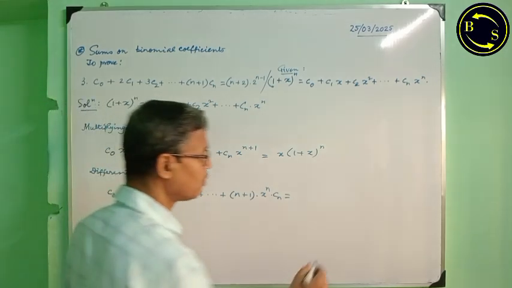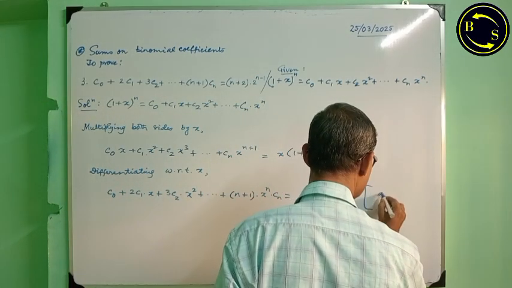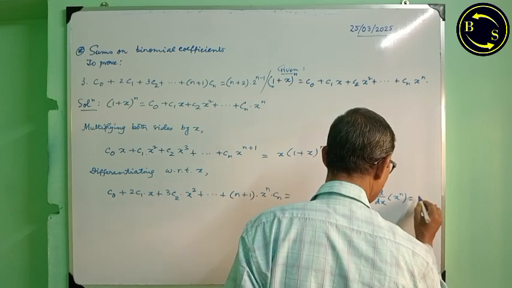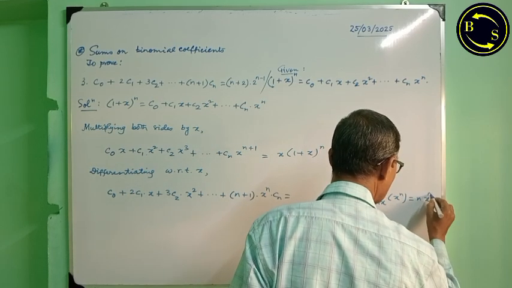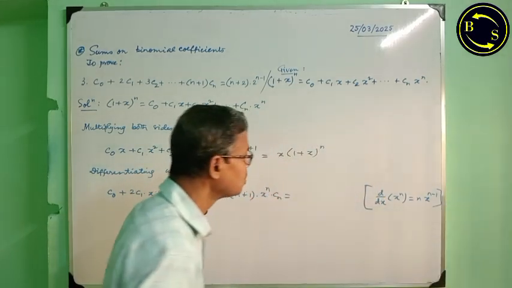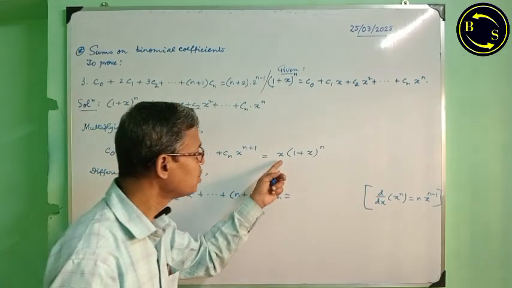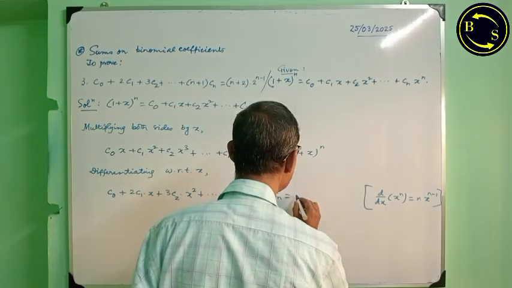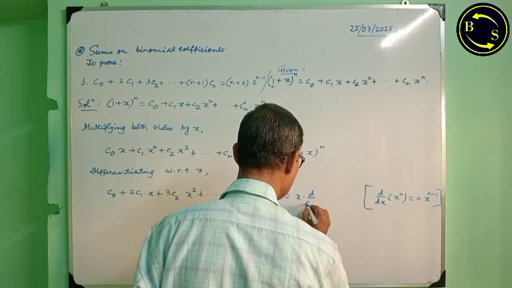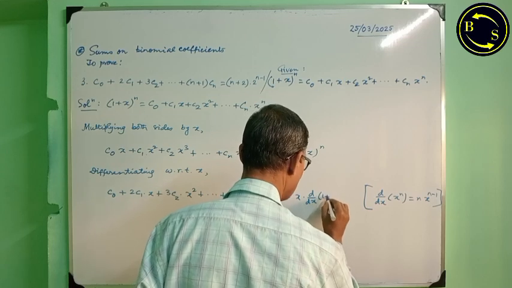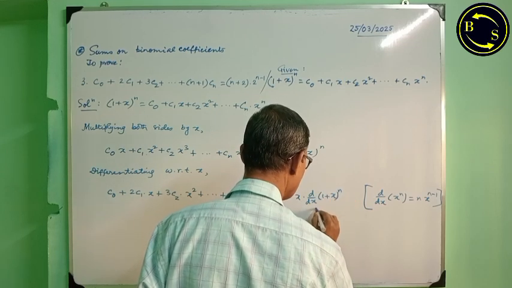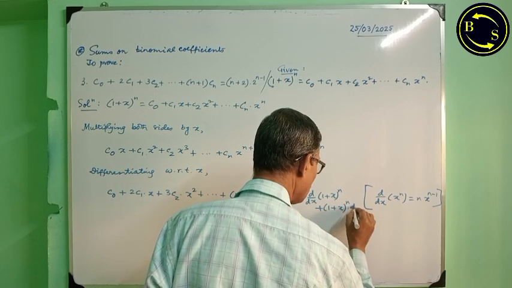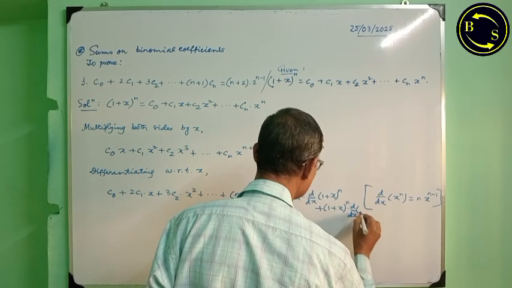We have used this formula: d/dx of x to the power n equal to n into x to the power n minus 1. Now this is a product of two functions, u into v form. That means x into d/dx of (1 plus x) whole to the power n, plus (1 plus x) whole to the power n into d/dx of x.